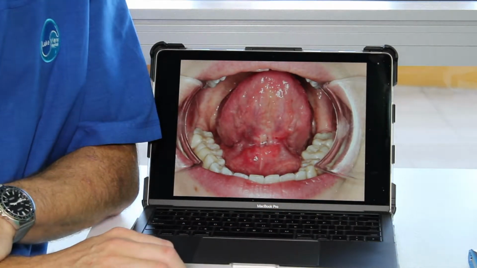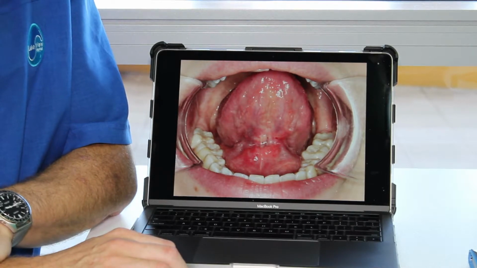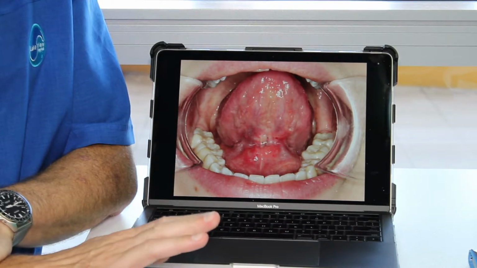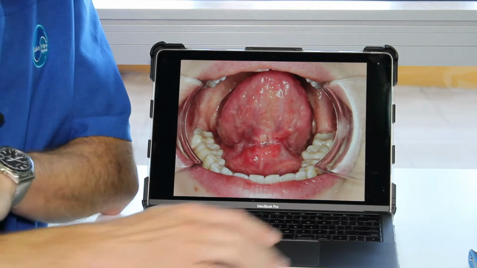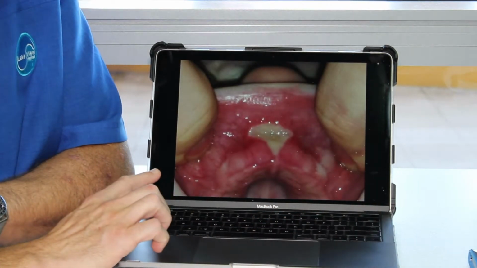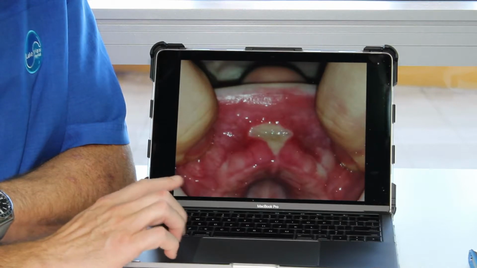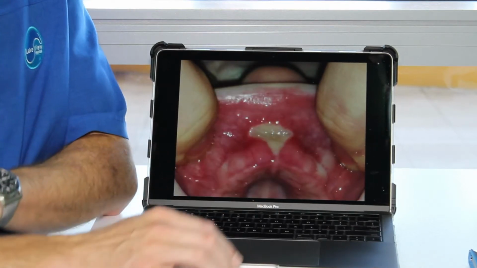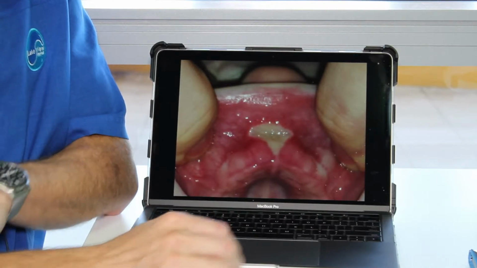Now, we do not use laser for quite a few reasons, even though it's very popular these days, both with the patients and clinicians. And the reason we don't like it, that's a laser incision on the lip. And you can see the tissue there kind of being different.